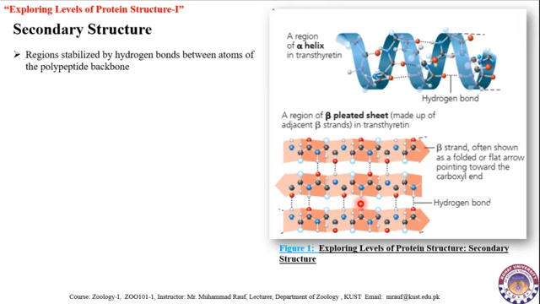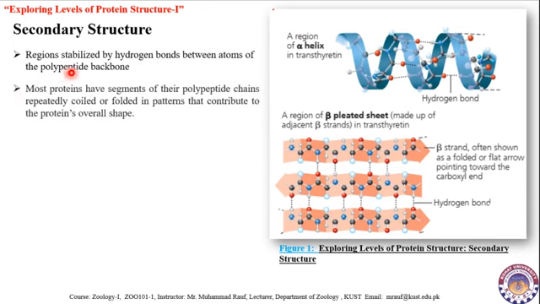Here another type of interaction establishes between the skeletons of two amino acids. Remember that in secondary structure the skeleton of the amino acids is involved. The R group or the functional group is not involved in the secondary structure.